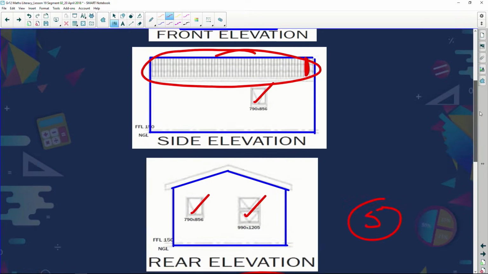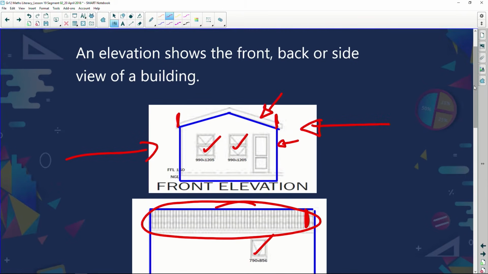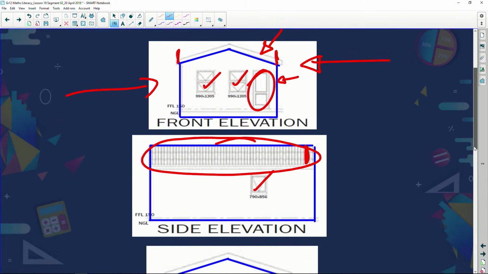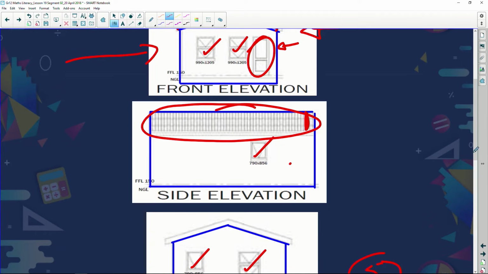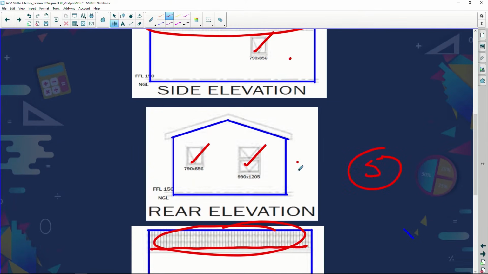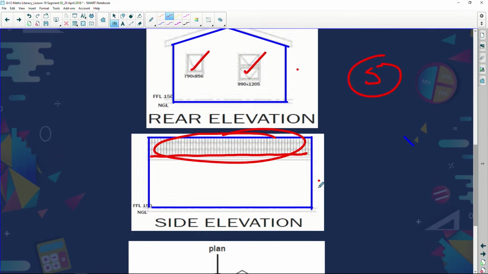How many doors do I have to this house? I've got 1 over here, and nothing in that side, nothing at the back, and absolutely nothing on the other side. So I've only got 1 door. Okay, 1 little door and 5 windows. Okay, can you see how we use these elevation maps?